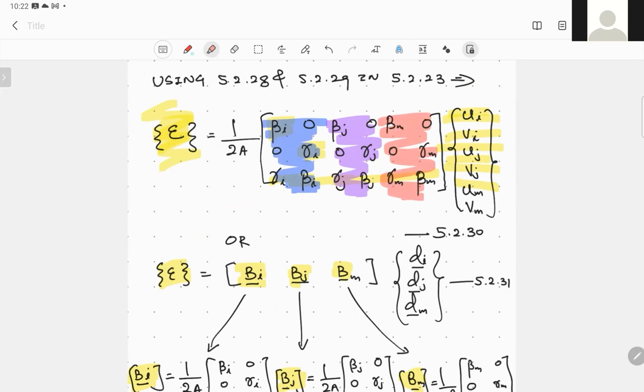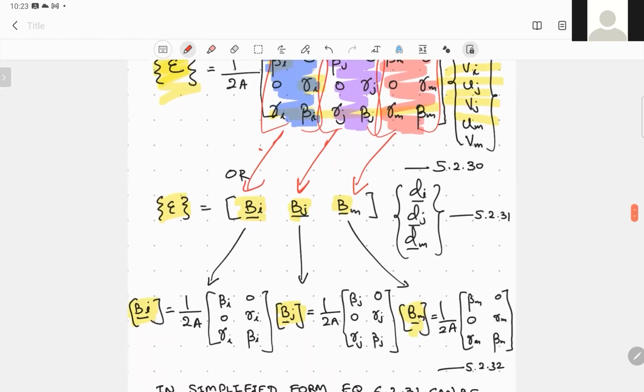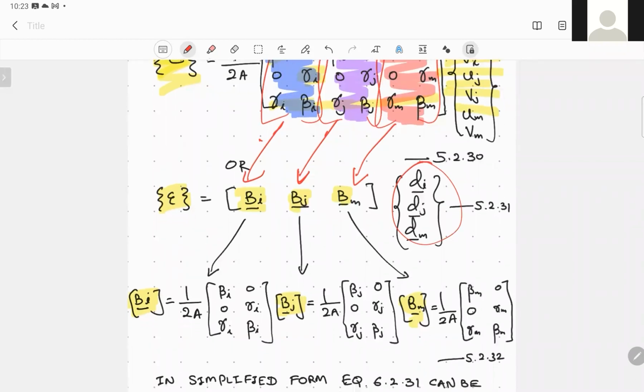Following this pattern, we have already come up with three matrices, which segment the components corresponding to the ith node, jth node, and mth node. And you have simply written down the displacement matrix on the right hand side here.